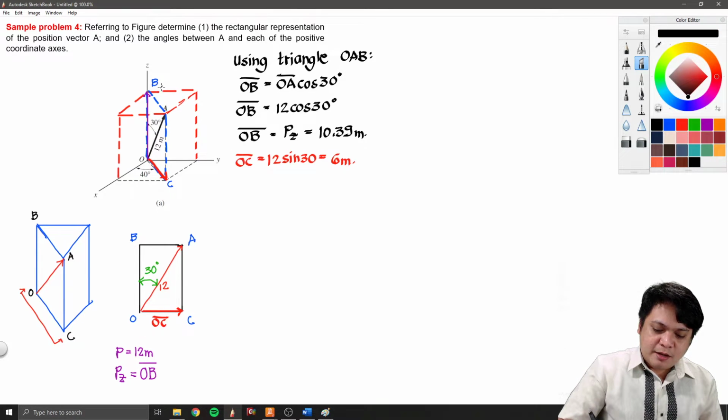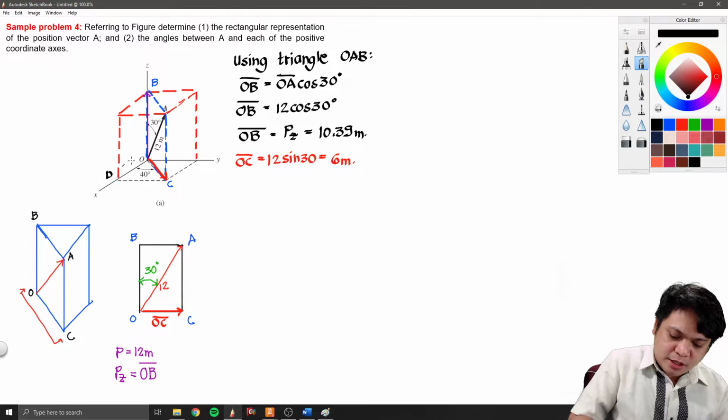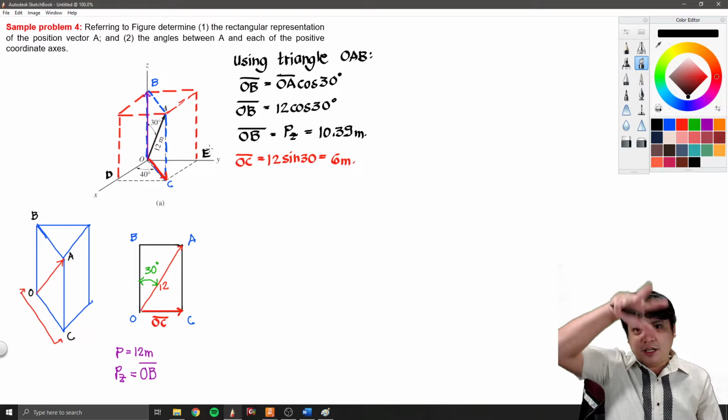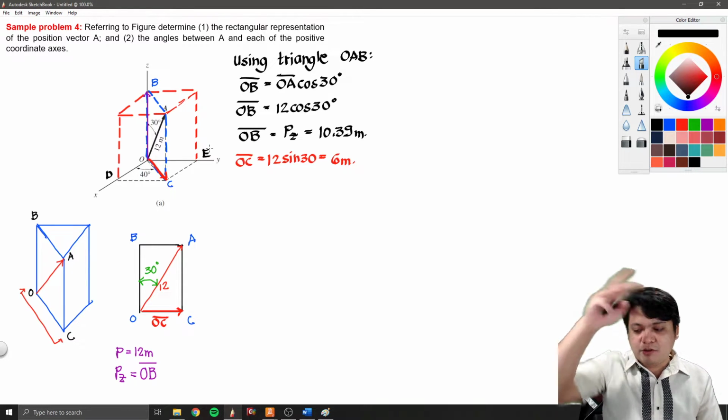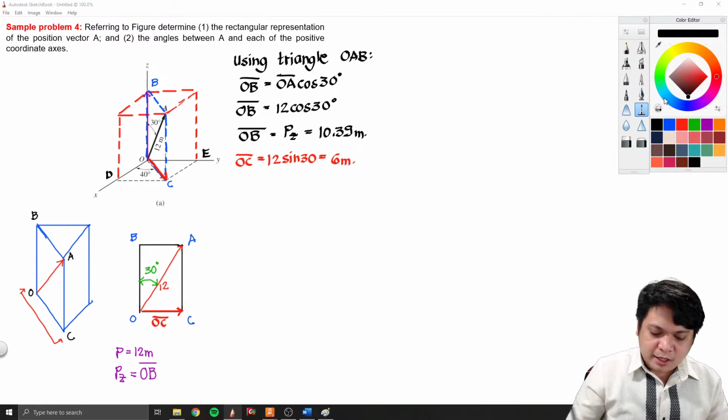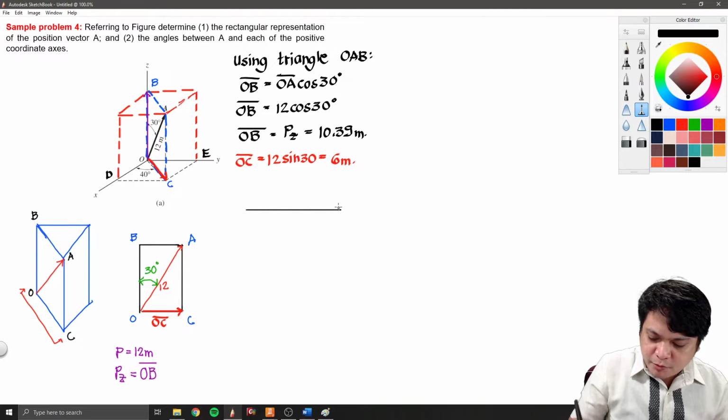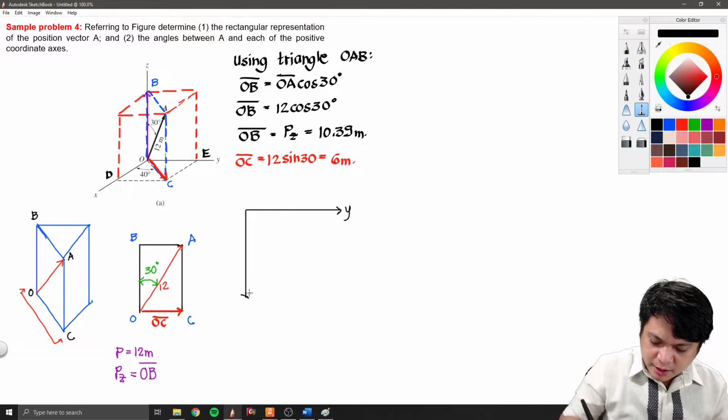Now, tingnan naman natin itong triangle OC. Magbibigay ulit ako ng letter. So, meron tayong A, B, C. I will call it as point D, and I will call this as point E. Titingnan ko ngayon sa top view. Ito yung magiging y-axis ko, and then ito yung magiging x-axis ko.